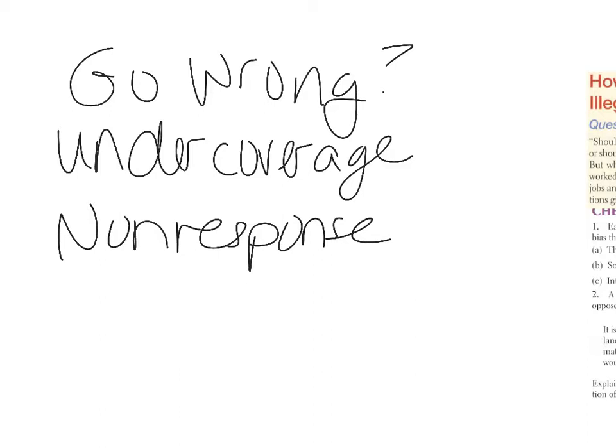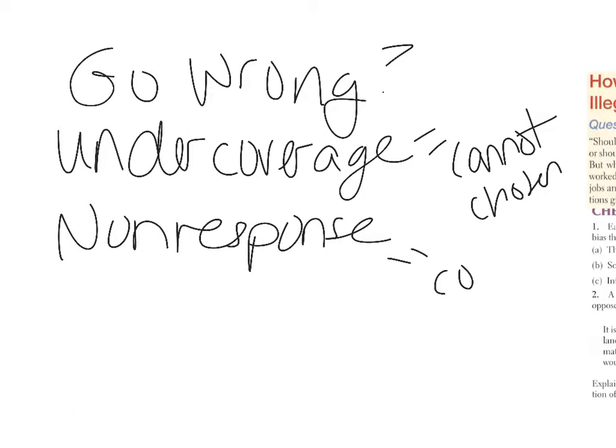If they got hung up on, or ignored, or somebody looked at caller ID and didn't recognize the number, you get this non-response. So you have undercoverage, where you've got members of the population that cannot be chosen, and you have non-response, which is cannot or will not participate. The two are different, but either way, you're not getting data when you should be getting data.